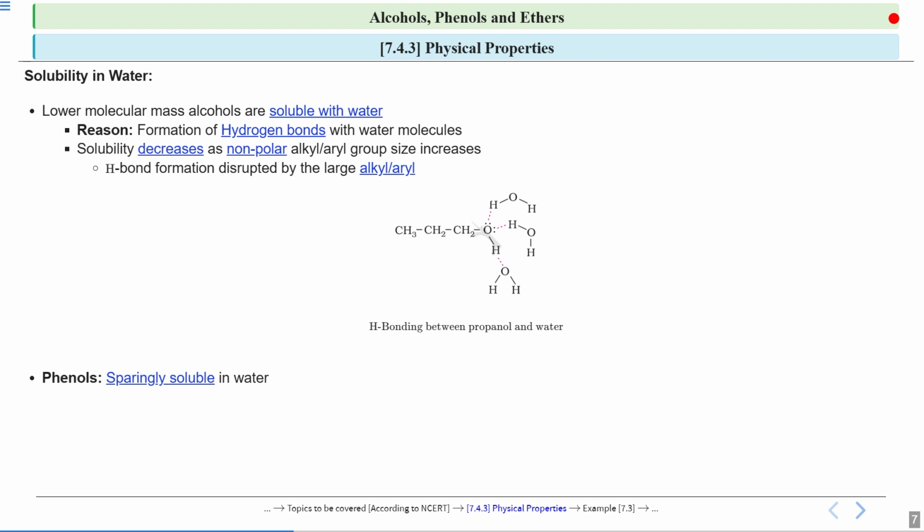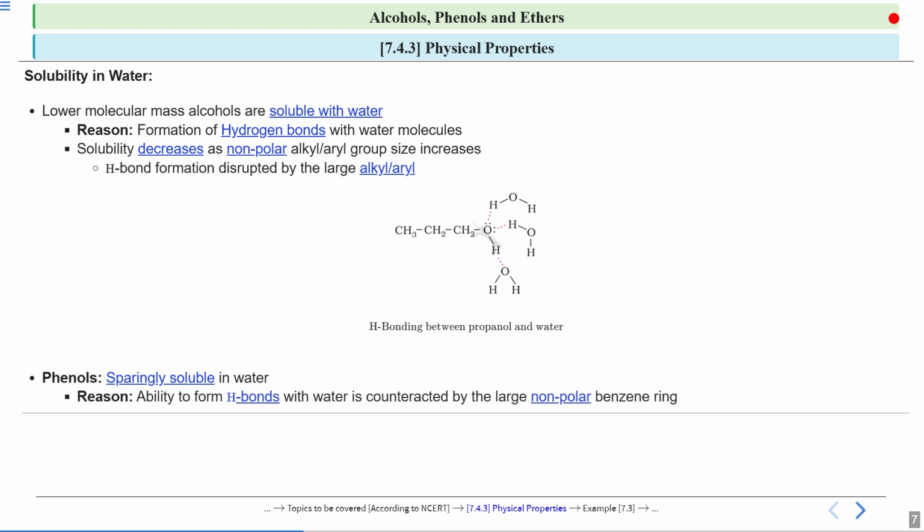If I talk about phenols, then phenols are sparingly soluble in water. In phenols, the ability to form hydrogen bonds with water is counteracted by the large non-polar benzene ring. We know that in phenols also the hydroxyl group is present, and that hydroxyl group will form a hydrogen bond with a water molecule.